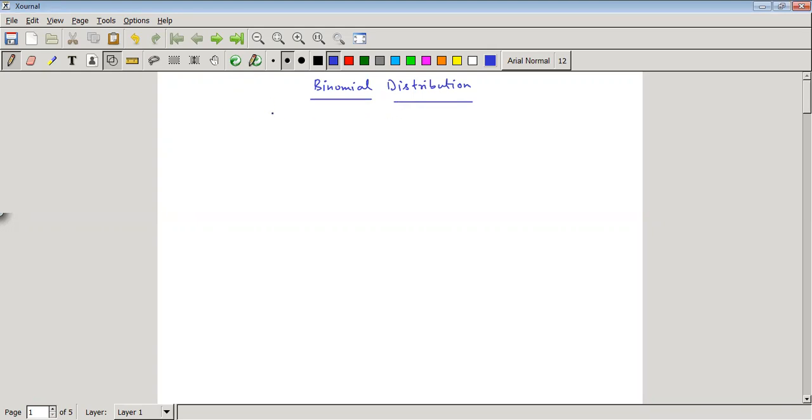So quickly revise what we have discussed about binomial distribution in the last lecture.